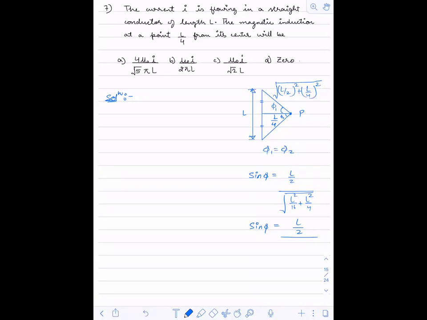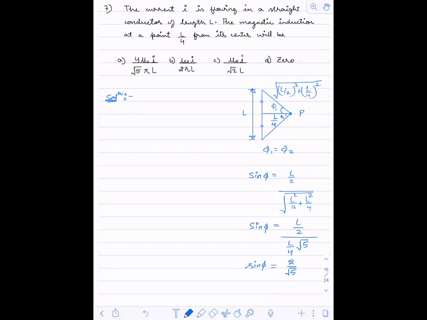I'm taking L by 4 outside and root of 5 inside. If you solve this, I will get 2 by root of 5. So the sine phi value becomes 2 divided by root 5.